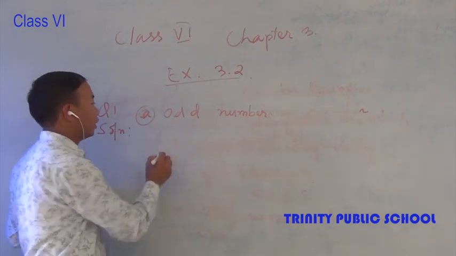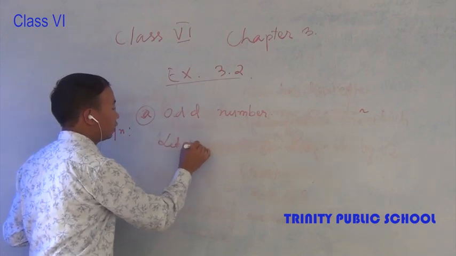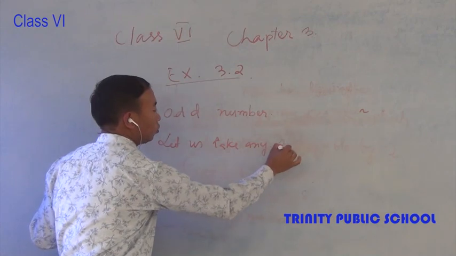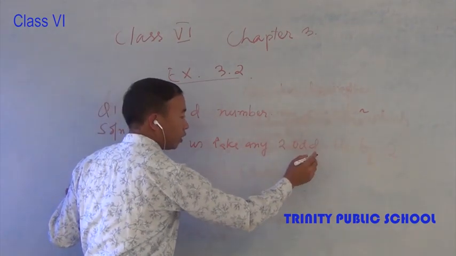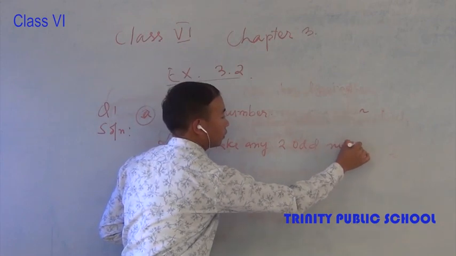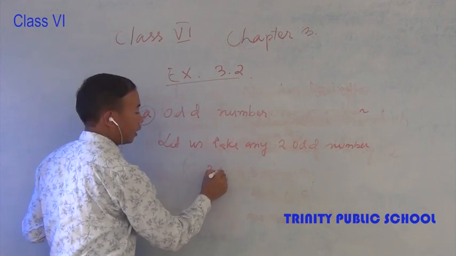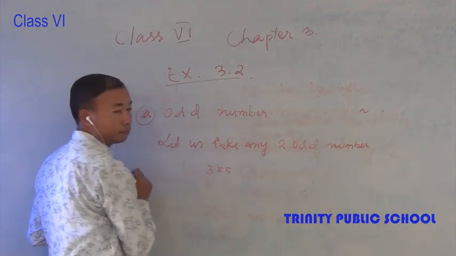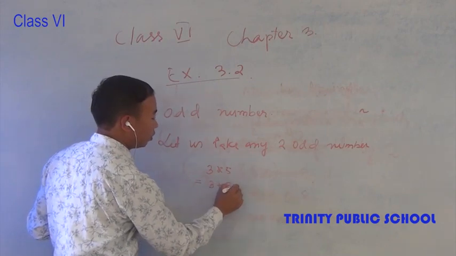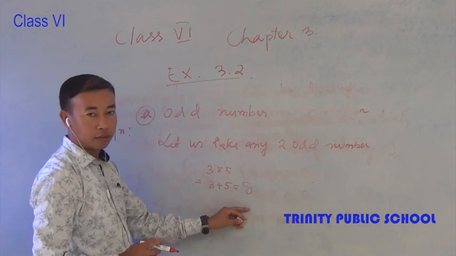So let's take any two odd numbers; you can choose any odd number. See, 3 and 5. What is the sum? 3 plus 5 equals 8. It is an even number, right?